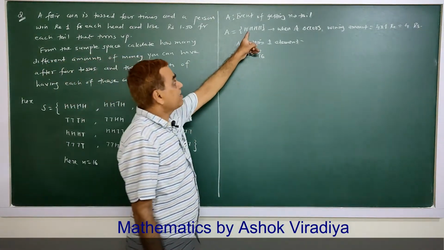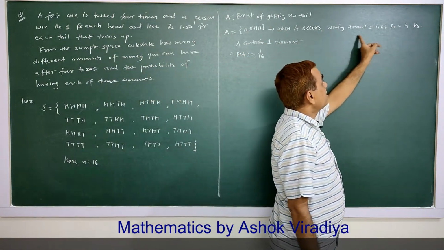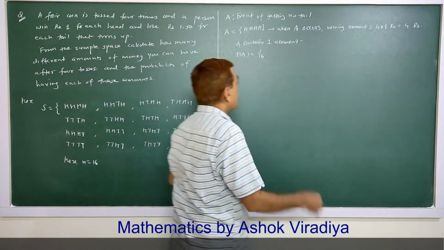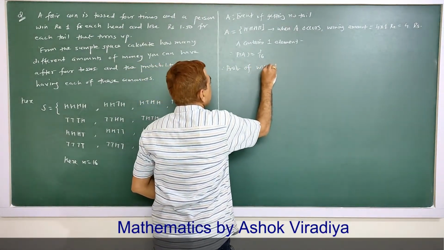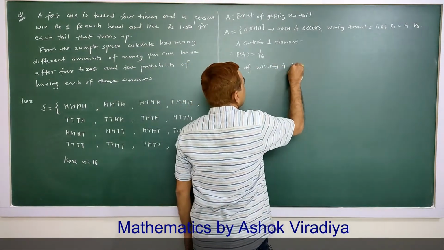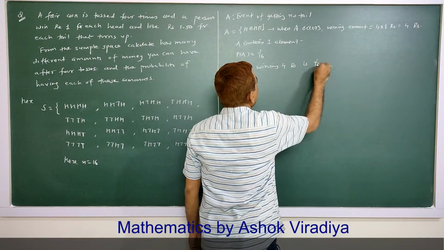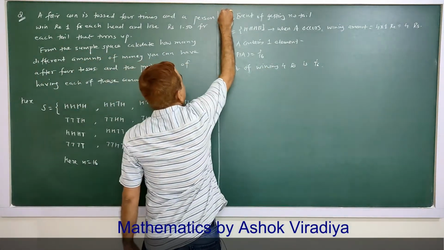And when A occurs, the person wins ₹4. So the probability of winning 4 rupees is 1 by 16. So that is case 1.